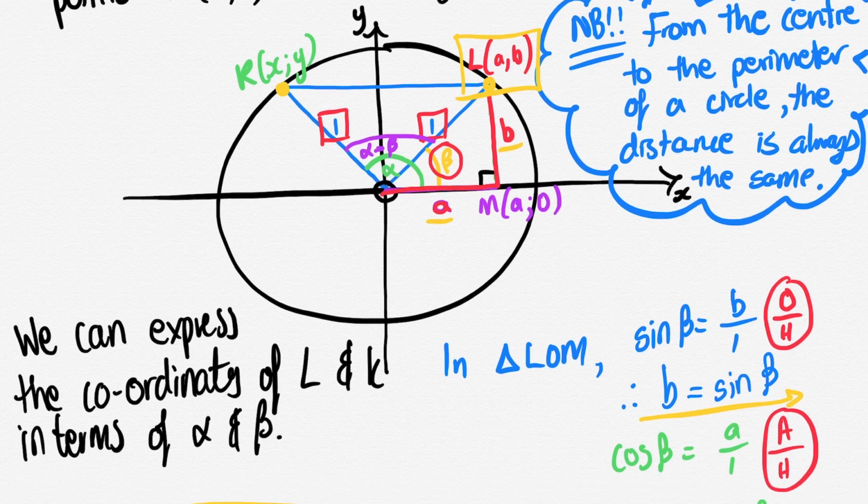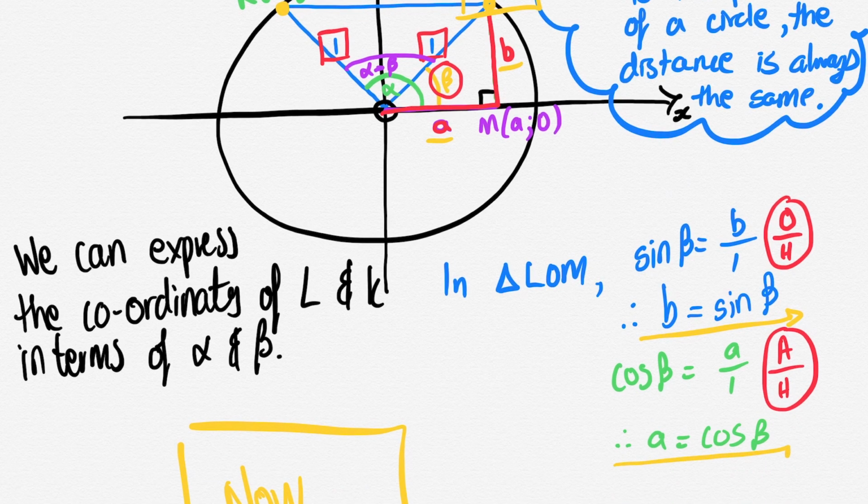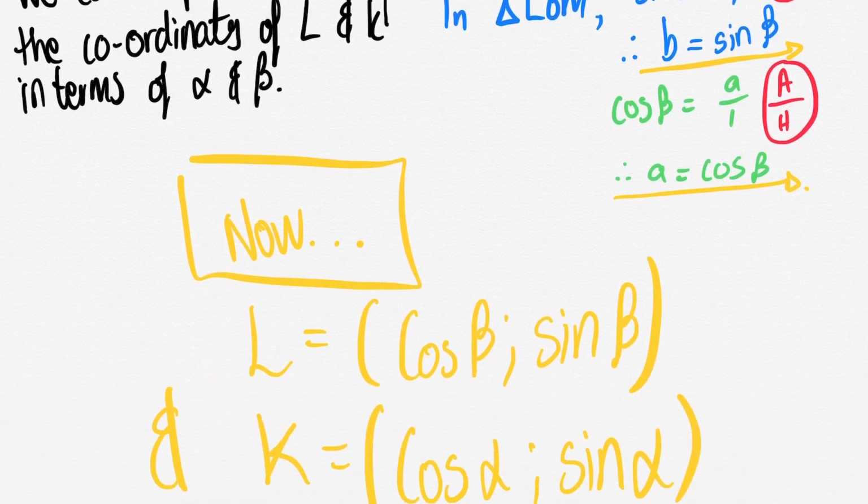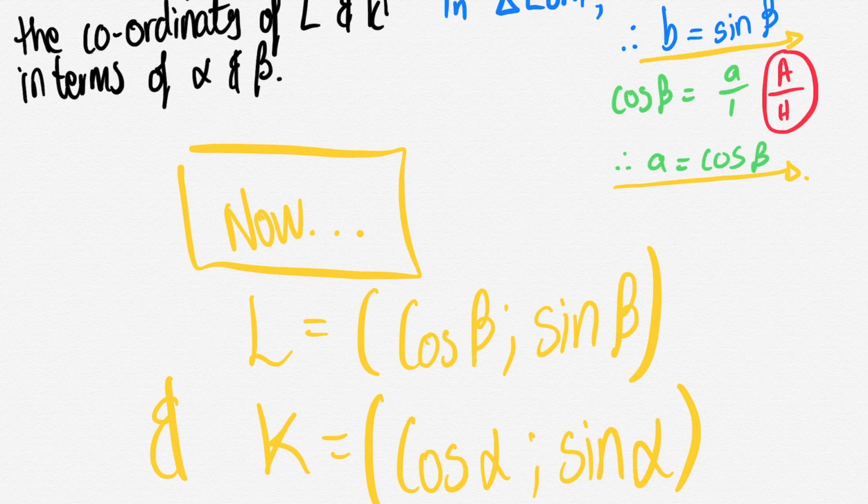So there we go, we've got our big triangle. In case you're wondering, the x and y values are the same as the a and b values of L. Here we go, we've got A is for cos B, just as B is for sine B.